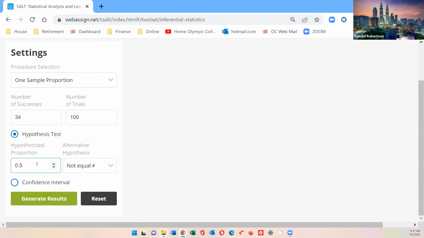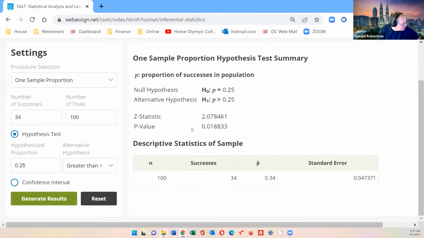Hypothesis test, that guy there was 25. And I forgot what we're trying to prove. We're trying to prove it's greater than. So, greater than, 34 out of 100. The null value is 0.25, and we're trying to prove it's bigger. Right, so all of that's done. Generate results. There's your p-value.